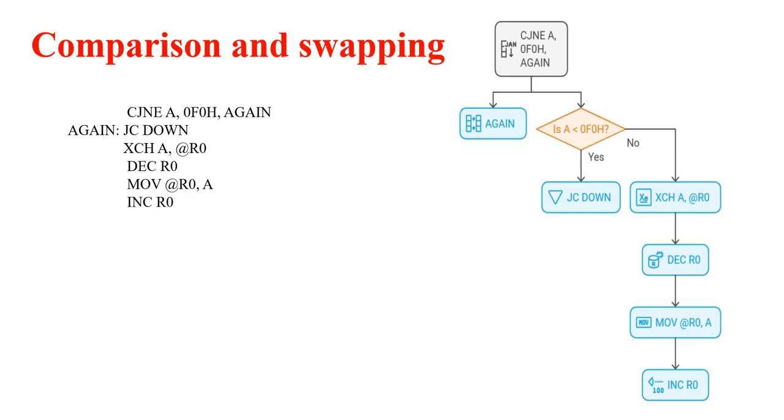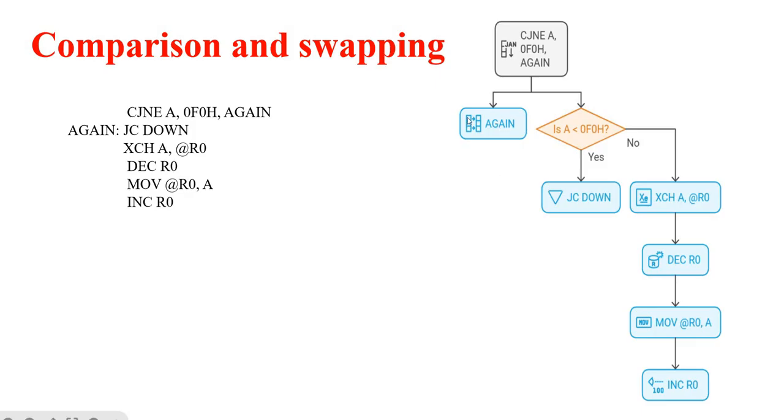Next is comparison and the swapping. So here we are using CJNE A, #0F0h, AGAIN. This will compare the value in A with the value at address 0F0h, and if they are not equal, it jumps to the label AGAIN, okay.